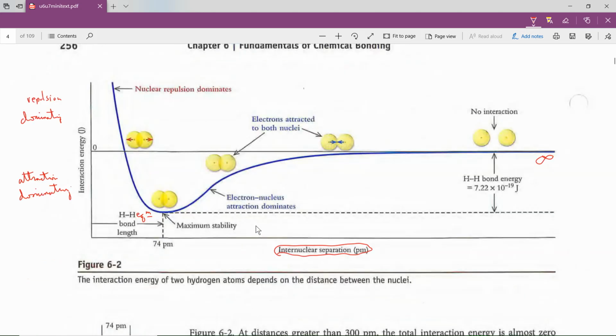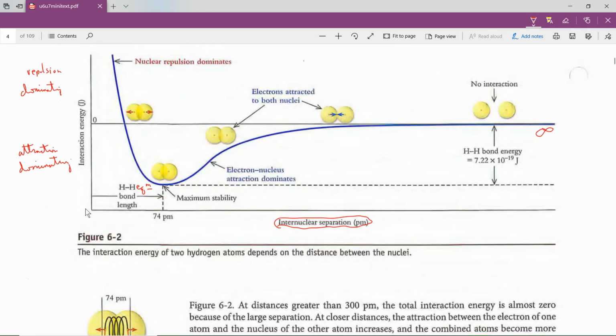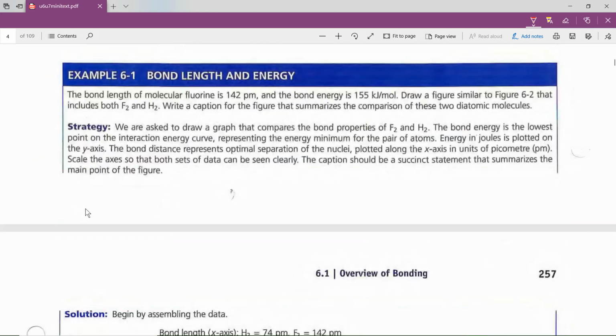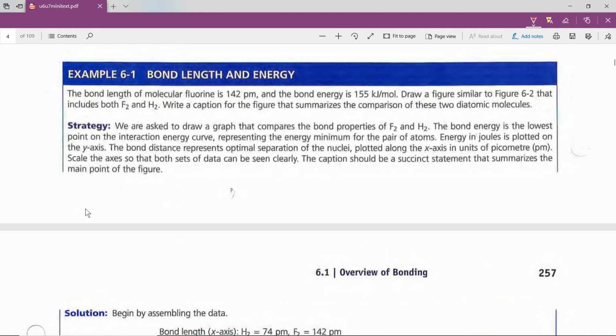And if I was looking at a fluorine-fluorine molecule, I'd have a well too, but it would be slightly different in shape because we've got more protons and more electrons involved, and I think it'll be lower down. Let's see, do I have a picture of that? I think I do. Bond length of molecular fluorine is 142, bond energy is 155.